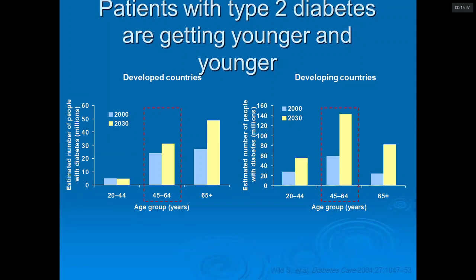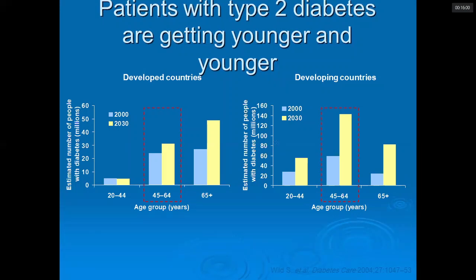Patients with type 2 diabetes are getting younger and younger because of changes in lifestyle in developed countries. Between ages 20 and 44, maybe less than 5% are affected. Between ages 45 and 64, between 2000 and 2030, about 20 to 30%, okay.